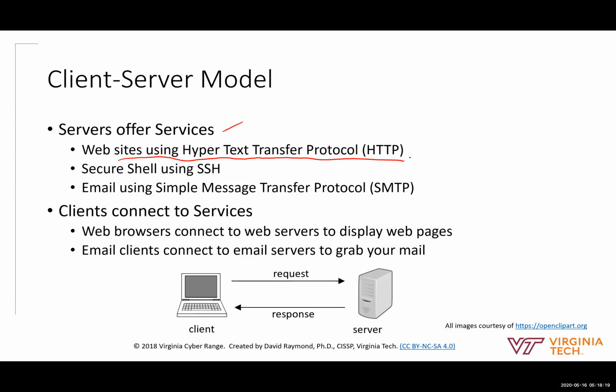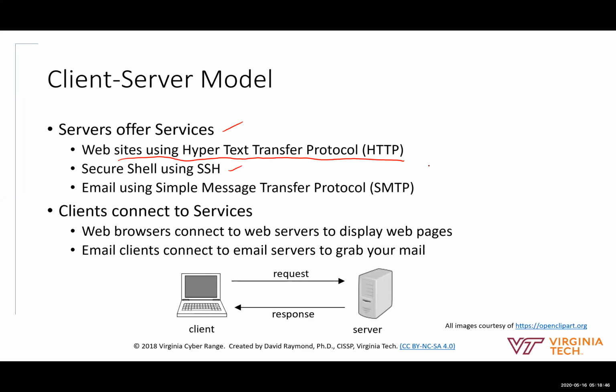They're essentially standing by waiting for a client to request a web page, and that client is a web browser. So that's a great example of a service on the internet, and there are many thousands of web servers running on the internet. Secure Shell is a service that's offered by some systems, and it's meant for remote access to systems on the internet.